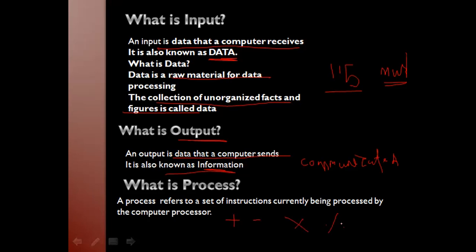So how does the computer process? Let us consider we want juice. For that, what do we need to do? We have to take milk plus apple.